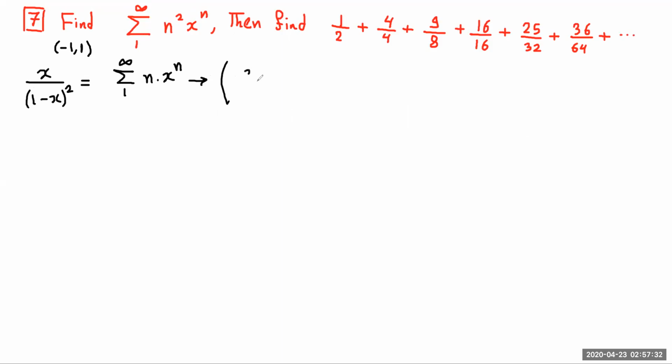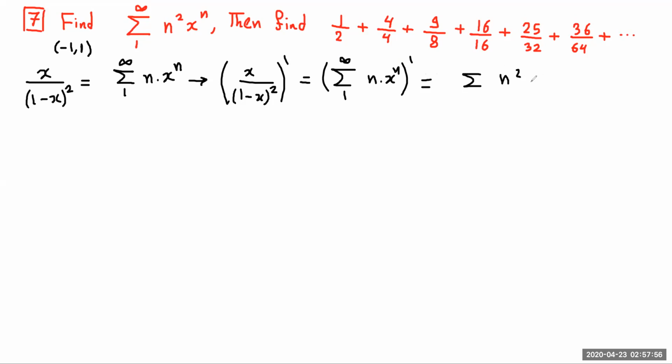The derivative of x over (1 minus x) power 2 equals the derivative of sigma n x power n, which is sigma n power 2 x power n minus 1 from 1 to infinity.